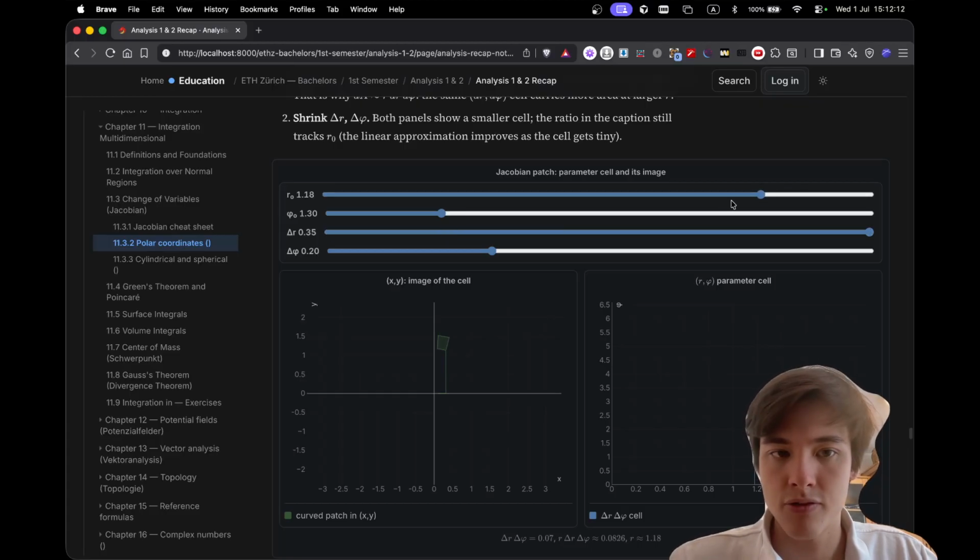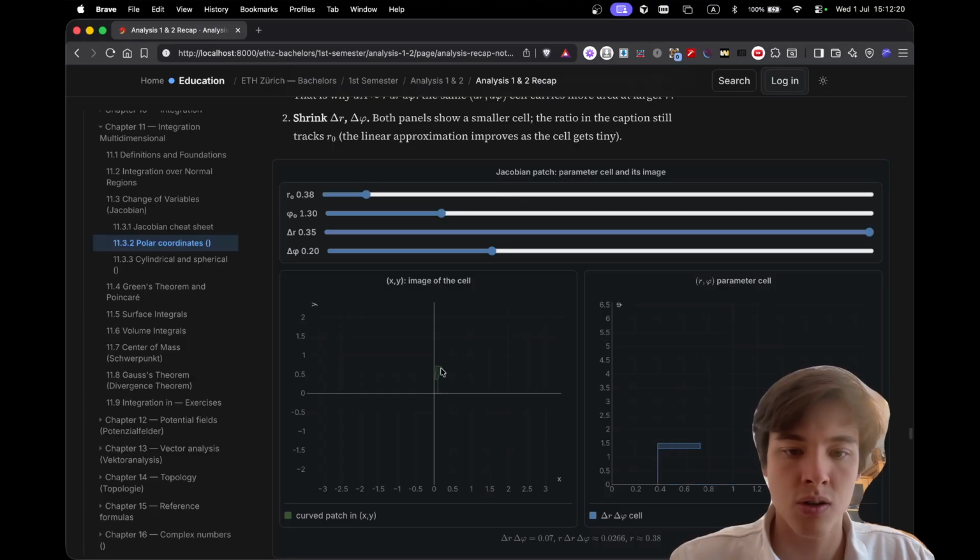Here if we move r, we always have the same area, but here when it's a small r, it's a small volume, but if it's a large r, it's a larger volume. Yeah, especially if we do this, it's easier to spot.